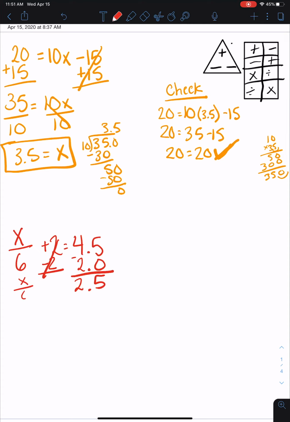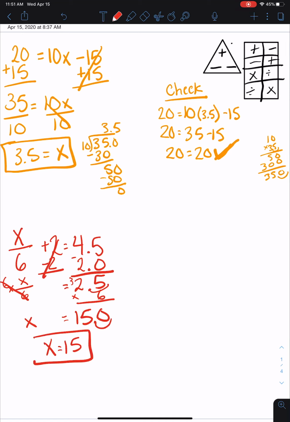And then I have x divided by 6. Inverse of divide is multiply. What I do to one side, I do to the other. So I'm going to get 6 times 5 is 30, 6 times 2 is 12, plus 3 is 15. And I have to move that decimal once. So I get x equals 15.